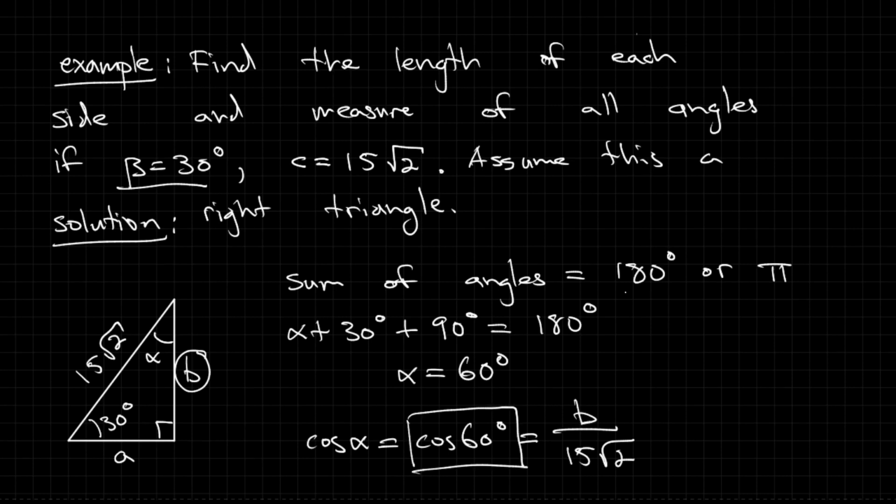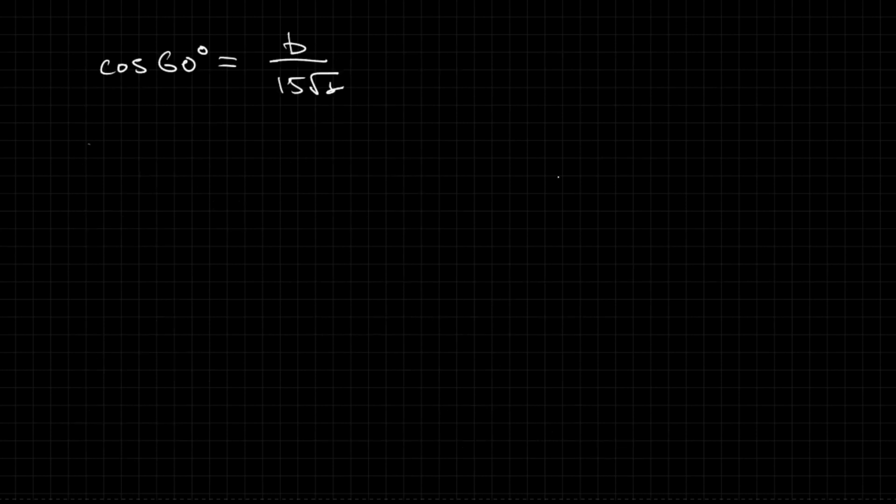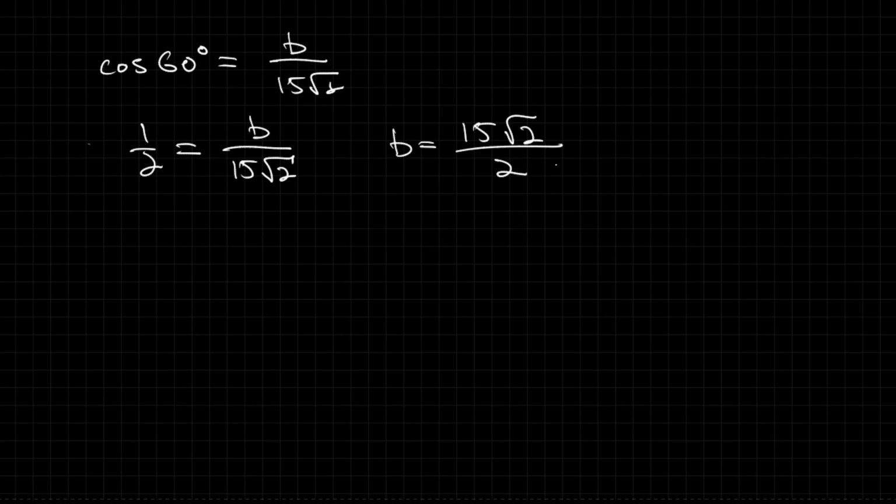We know that from our previous discussions about the trigonometric functions, and so we can replace that with 1/2. So 1/2 is b divided by 15 root 2. And now that allows me to determine what b is. So b is going to be 15 root 2 divided by 2.